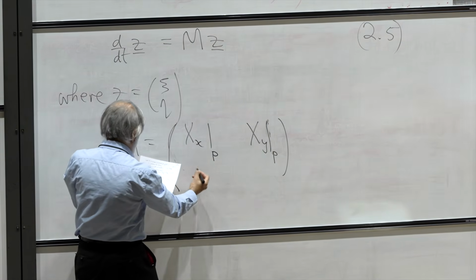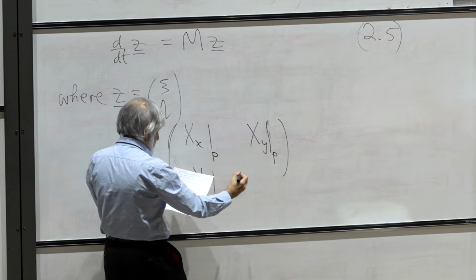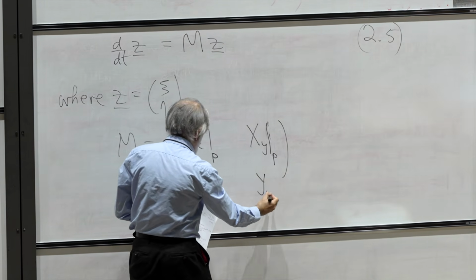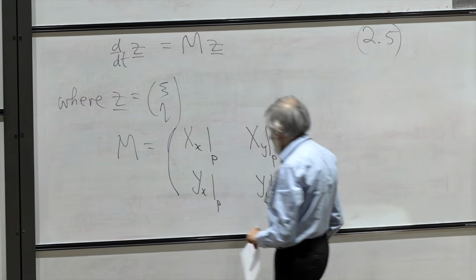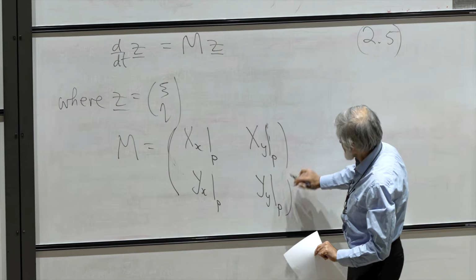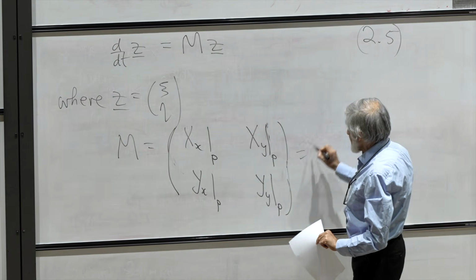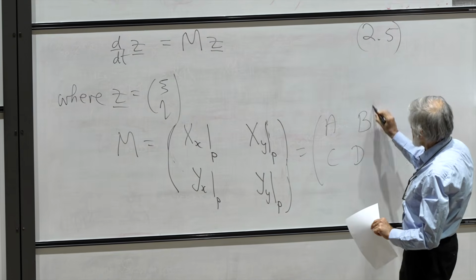And then this one will be y_x at p and the partial derivative y_y at p. And then we could just write that as a, b, c, d if we wanted to.